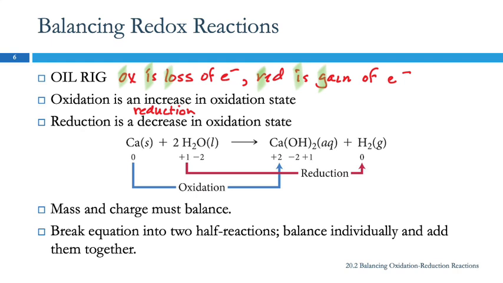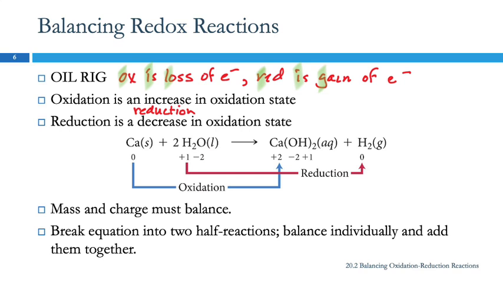So in a chemical equation, we must have mass and charge balance. Many times we can just balance a chemical reaction by inspection and everything's going to be fine. If an oxidation-reduction reaction is involved, sometimes that works, but many times it doesn't, because balancing by inspection makes it very hard to get the charges correct.